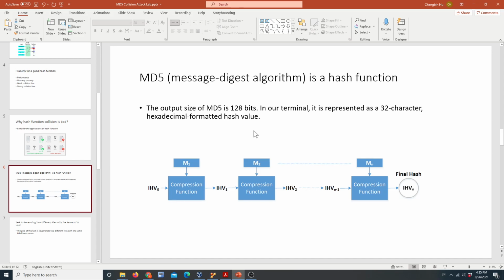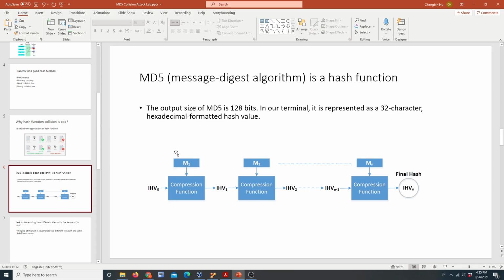We don't need to know the details of MD5, but we may understand it from a high level: MD5 processes messages in block units.